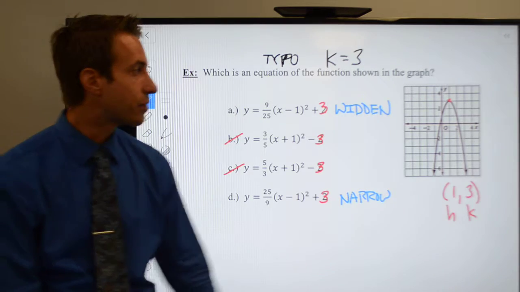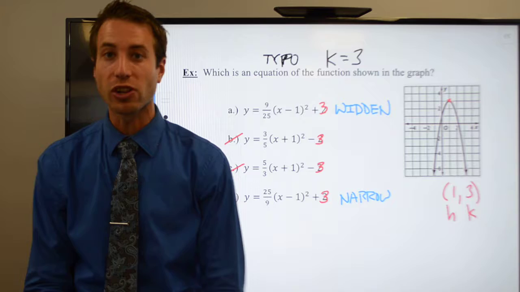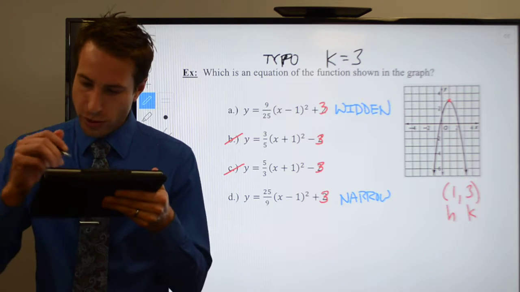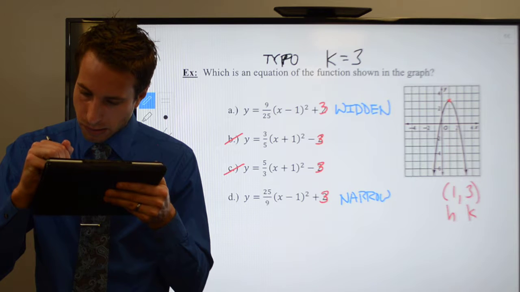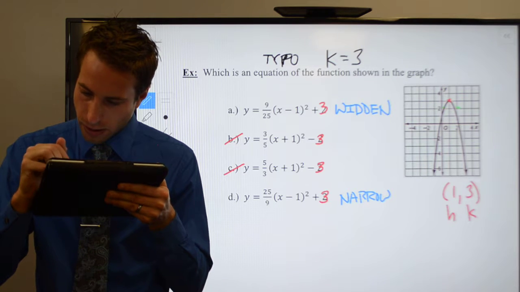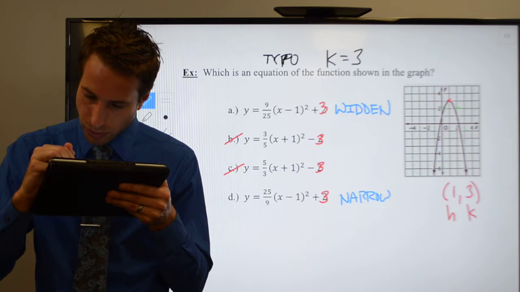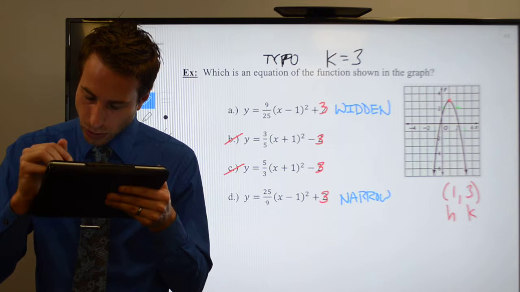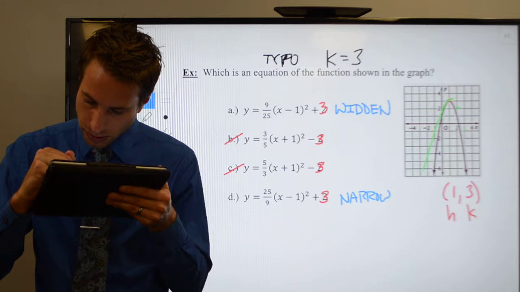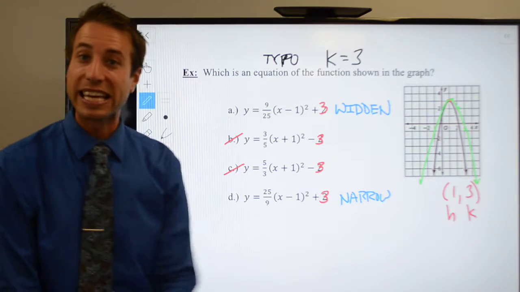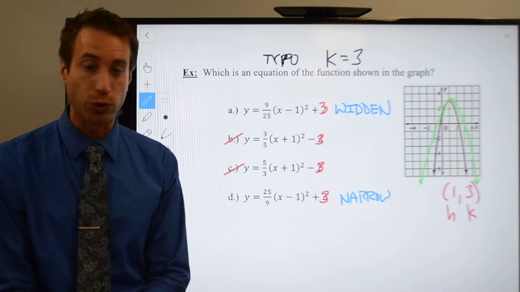So all I need to do is figure out what this parabola would look like if a were 1. Well, we can do that. My parabola would look like what I've got in green if my a were equal to 1.